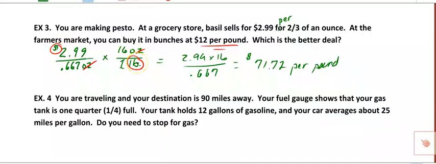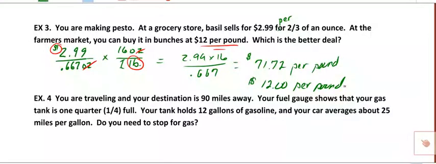So if I purchase at the grocery store the basil that sells for this amount, it's like paying $71.72 per pound, as opposed to the farmer's market, which is $12 per pound. This is eye-opening.